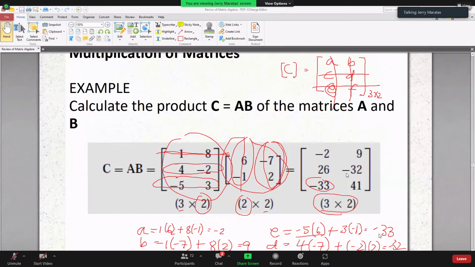You have questions or clarifications so far? About matrix multiplication. Now, if you were present last meeting, we discussed the introduction about matrix structural analysis, and I think I emphasized there that the main purpose of this is for computer application.